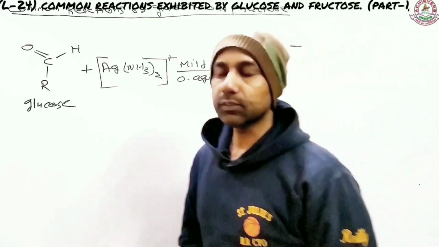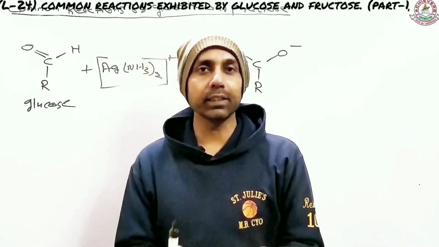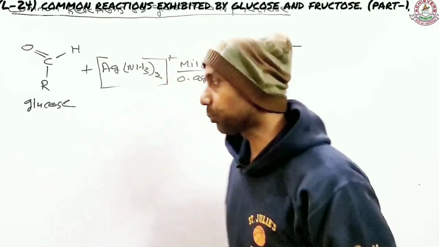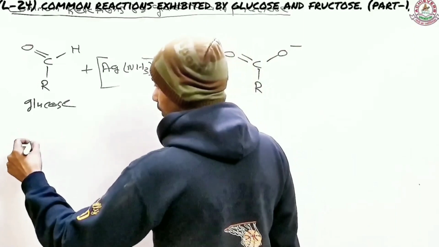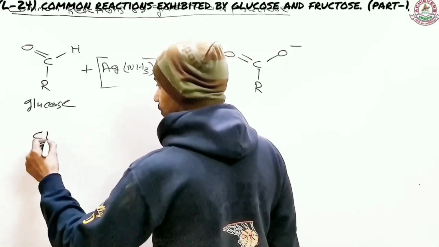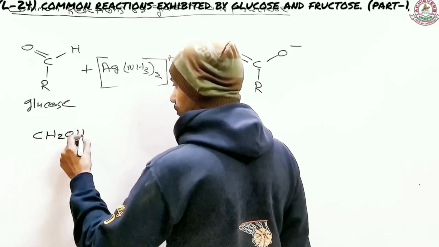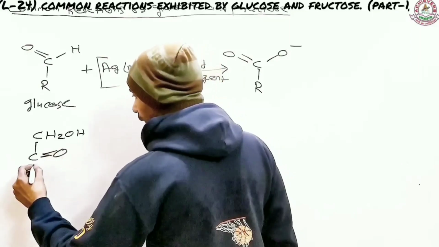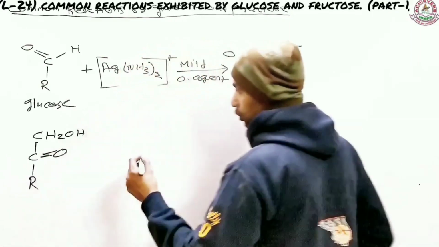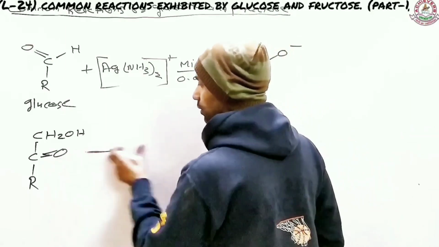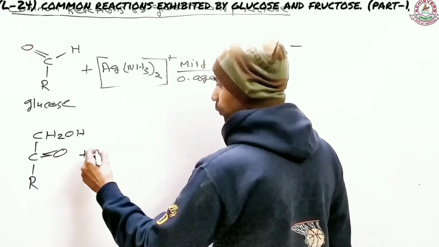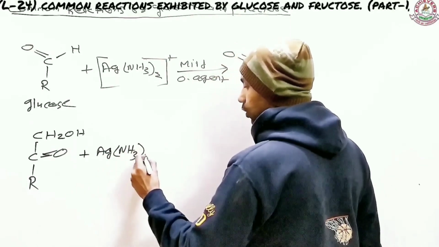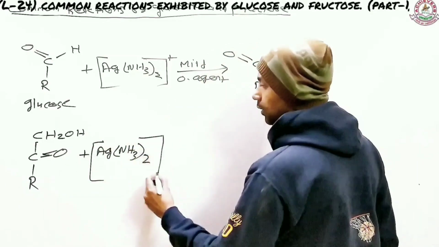Now the question is, there is no aldehyde in fructose. So why does the same reaction happen? Let me explain. I'm taking this one as CH2OH, and the next one has a keto group, and the remaining I'm placing as R. So what happens when you react this with the Tollens reagent, Ag(NH3)2 plus?